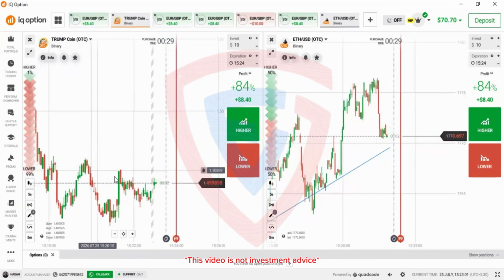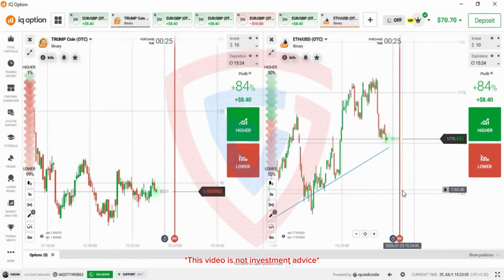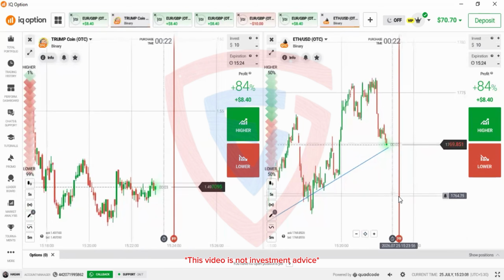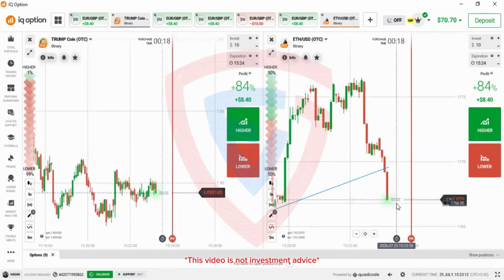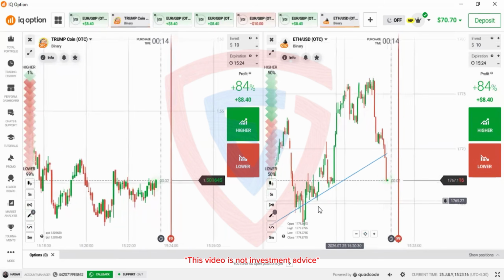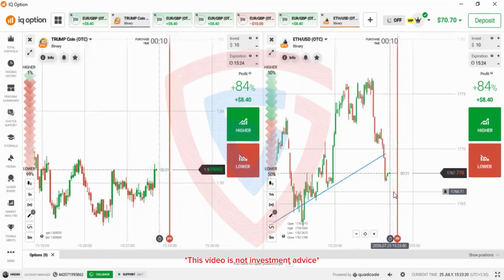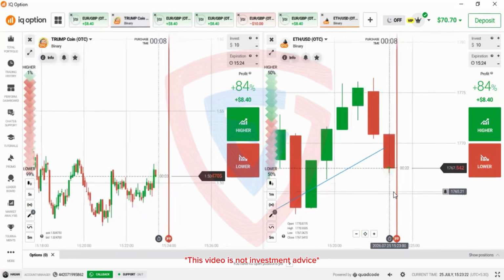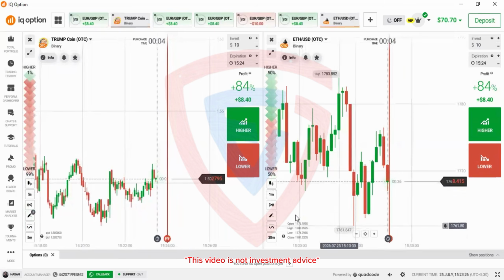You see the previous high, still the market failed to make a new high. So there is no proper confirmation and it is going down continuously. So no proper opportunity here. So no opportunity here to place a higher option trade.